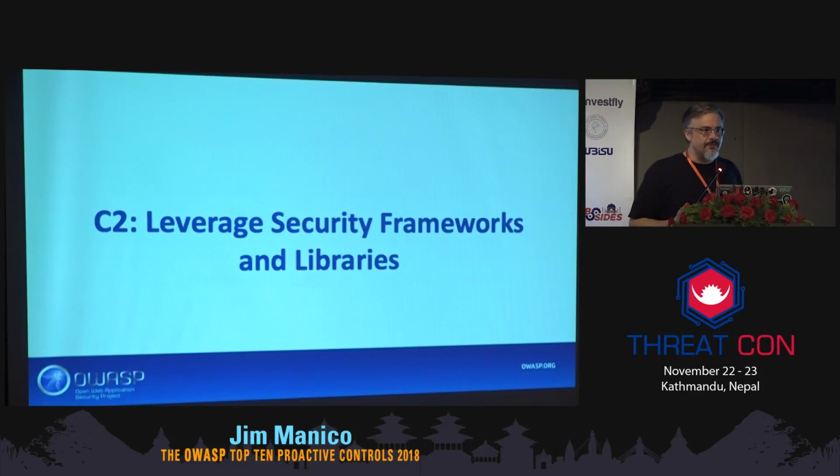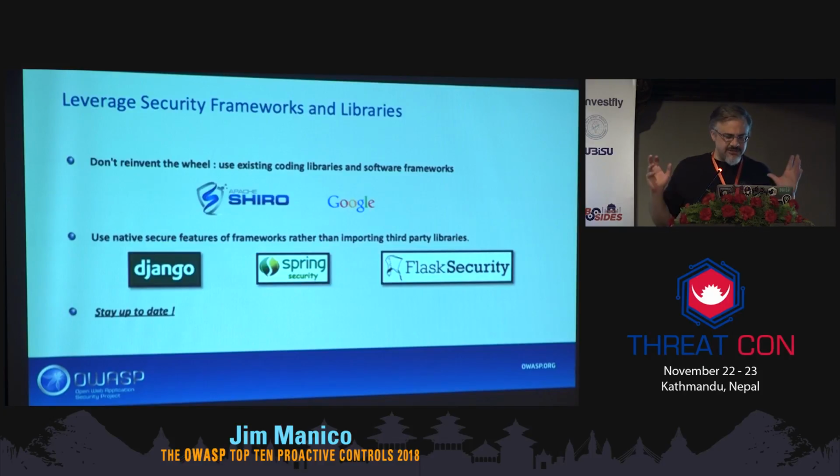When you're a developer trying to build secure software, you shouldn't have to start from scratch. We can leverage a lot of different built-in security in the frameworks that drive the world today. I like Apache Shiro here. They do great access control that's very detailed. We have the Django framework from the Python world, which really was built from the ground up with security in mind.